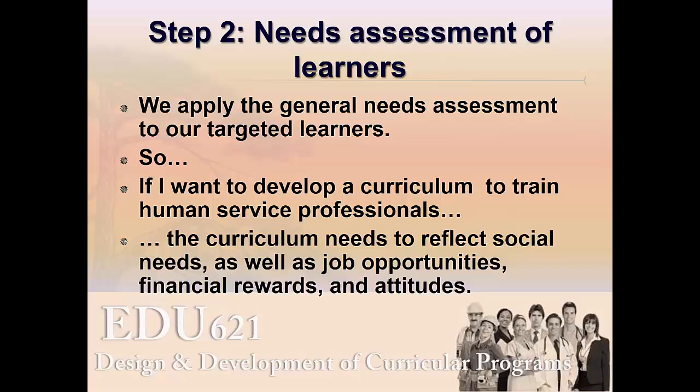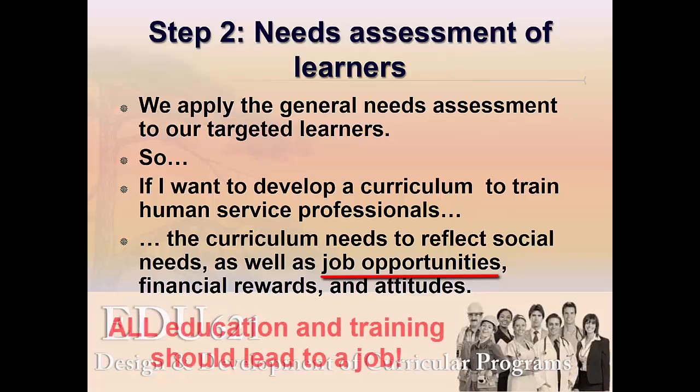What do we need? So the curriculum would reflect our social needs in the community, as well as job opportunities. How many positions out there really exist for this particular job that we are now training folks for? What are the financial rewards in that? Is this something that's really doable within our community? Are there jobs in this field, and will it pay folks?